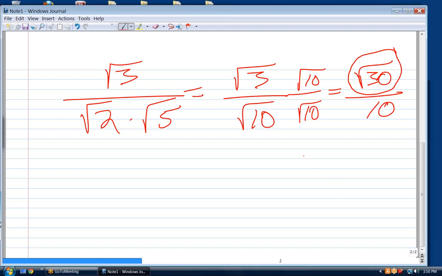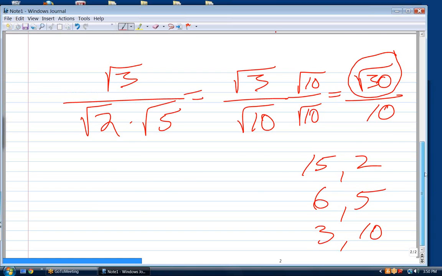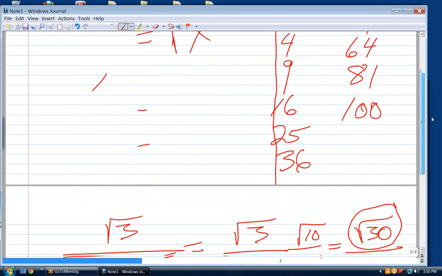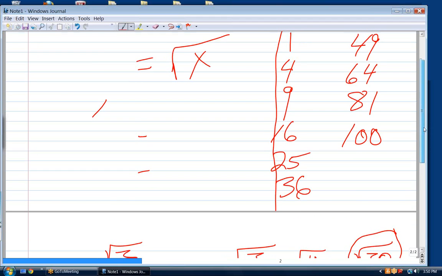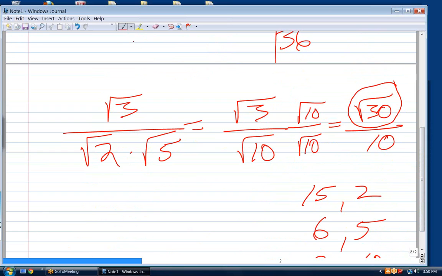What are factors of 30? 15 and 2. 6 and 5, 3 and 10, none of which are perfect squares. So of our list of perfect squares, 30 is not divisible by any of these numbers, which means it's simplified. So that's our answer, root 30 over 10. Can't reduce this any, can't simplify it anymore.